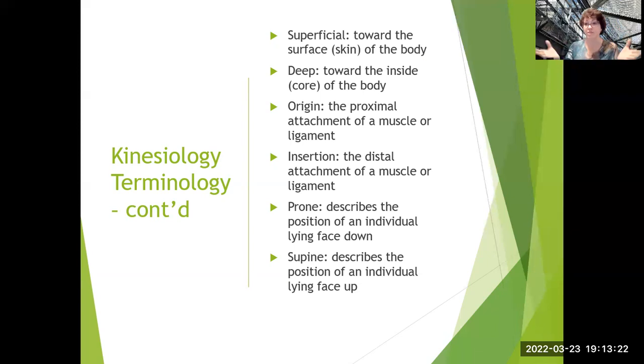In terms of the position of the whole body, if someone is lying prone, they're lying face down. If someone is lying supine, they're lying face up. So prone and supine are another pair.